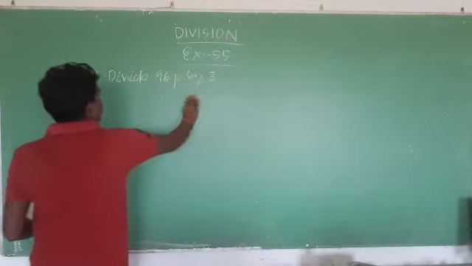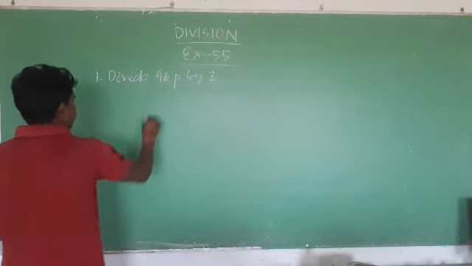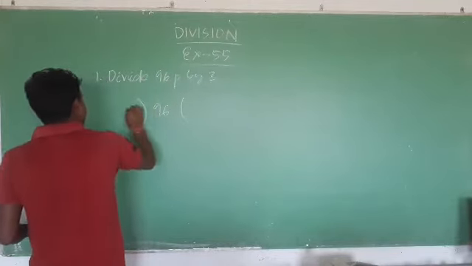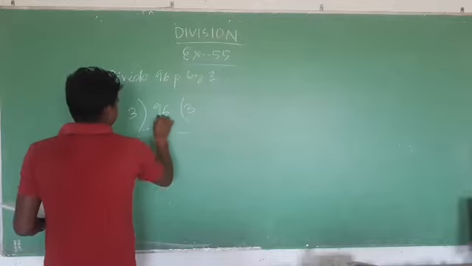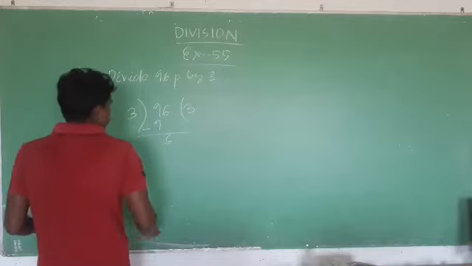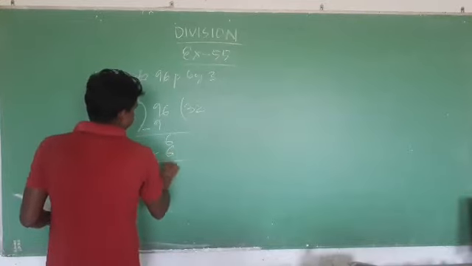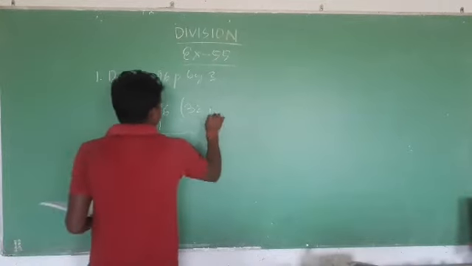We know how to divide, right? 96 is our dividend and divisor is 3, right? We can say 3 3 ja 9, then this is 0, then it becomes 6, 3 2 ja 6, remainder 0. So this is the answer.